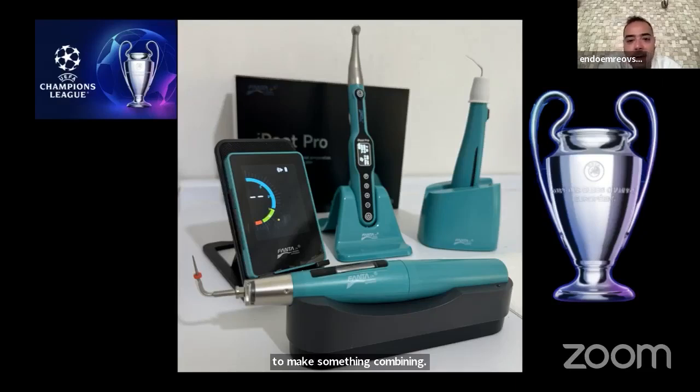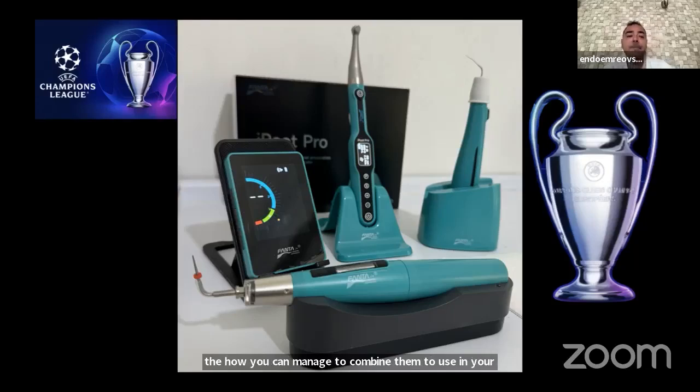Pro, Wispax, iRoot, and downpack devices, and also eFiller are part of the system. And today I'm going to explain some details about the usage, the specifications of the endomotor, apex locator, and how you can manage to combine them to use in your clinical practice.